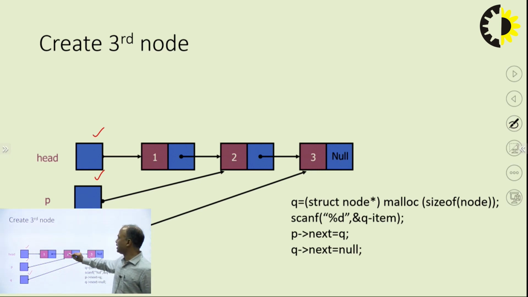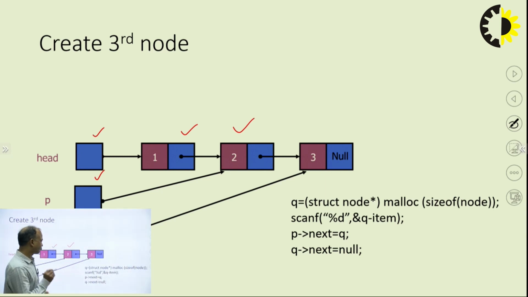So we have already created node 1 and node 2 in the previous 2 slides. Now our process starts to create the third node, and how we can pass the values of third node, and how we can link second node and third node. I am going to explain these concepts now.